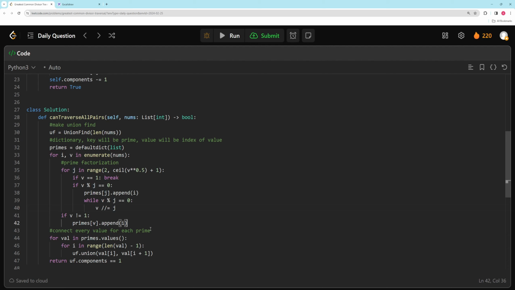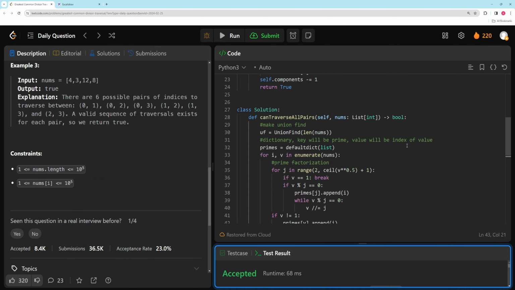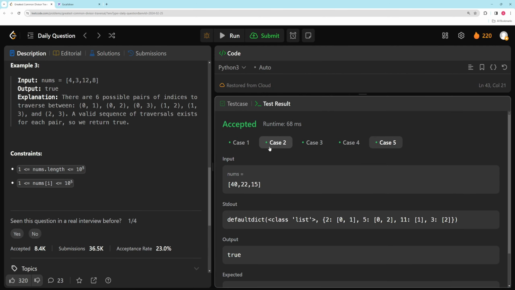So essentially we can even print this. Just to show you an example, we can say print primes, and run it really quick. And you can see here's an example. For prime factor 2, index 0 and index 2 both have the prime factor 2. For prime factor 3, index 1 and index 2 have that.